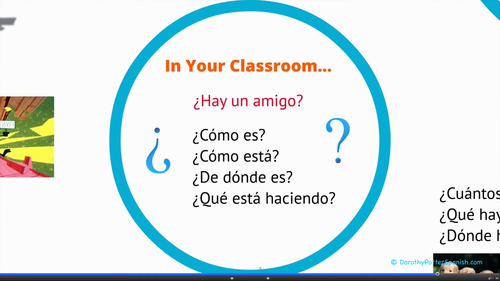So think, in your classroom, ¿hay un amigo? Is there a friend? ¿Cómo es? How is that friend? Like, what are her characteristics? ¿Cómo está? How is she feeling? ¿De dónde es?